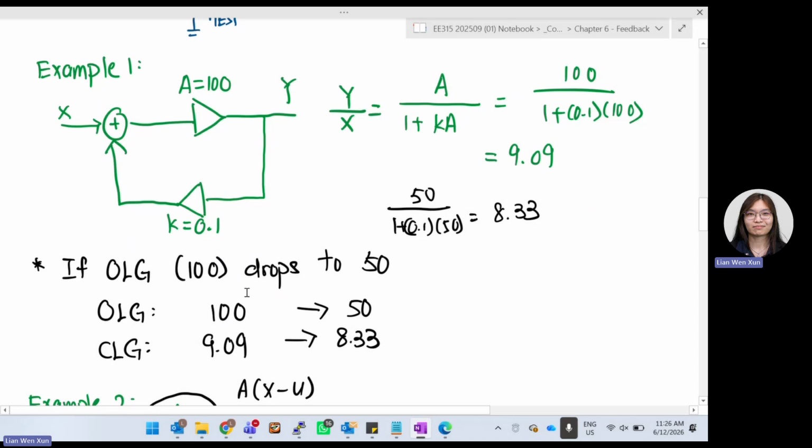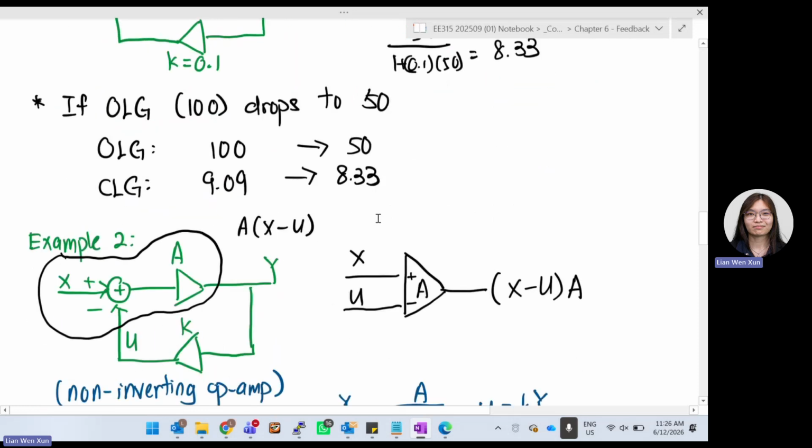No matter how you change your A, it won't affect me too much because it depends mainly on my K. Initially maybe it is dropping, but some systems don't need so much gain, so that's still okay. Maybe it's dropping to 9.09, but it is very stable. No matter how you tune your amplifier, my gain is still about 8.33. It only dropped by 1, instead of dropping by 50. So that's the good part of a feedback system: reliability.